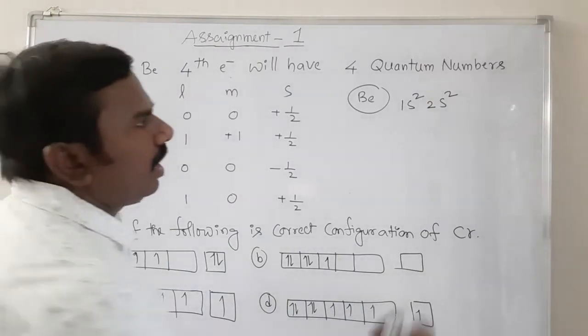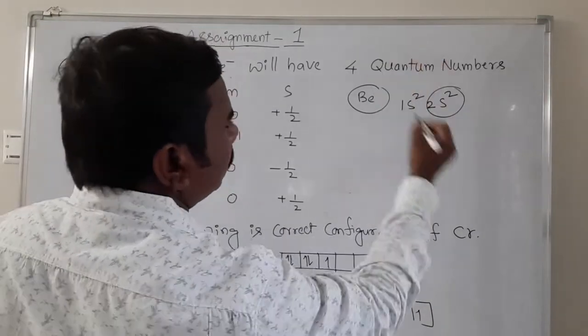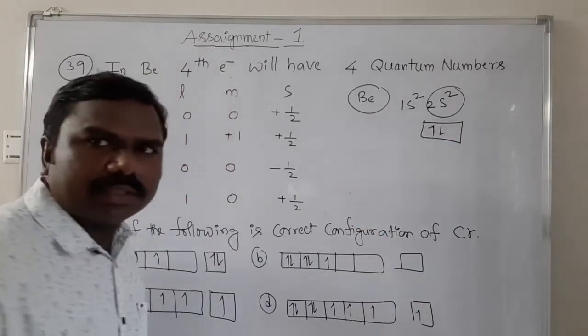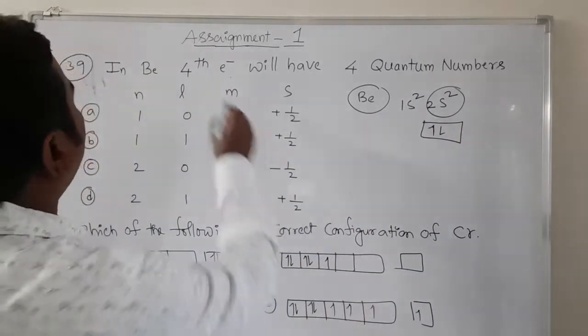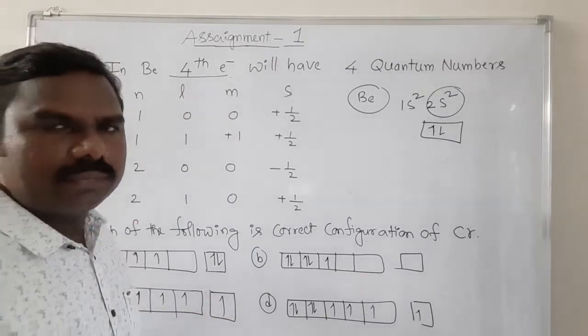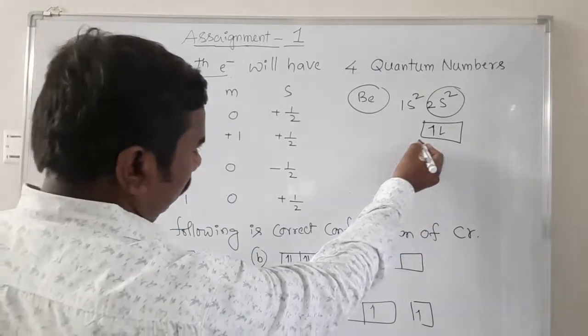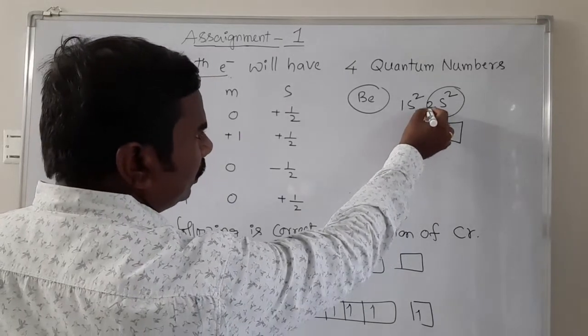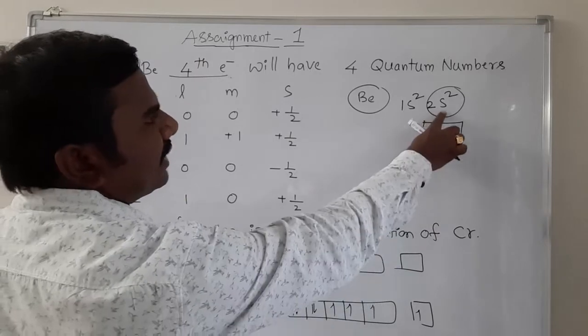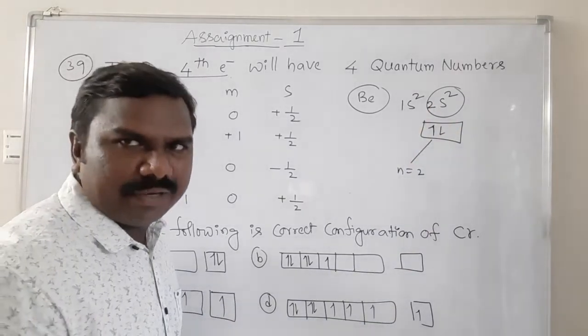Right? The last electron is in 2s. 2s contains 2 electrons. Getting all of you? 4th electron will have which quantum numbers? Yes, 4th electron. N is equal to 2. For S, L value will be 0.